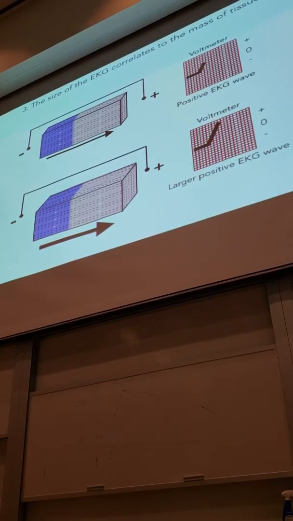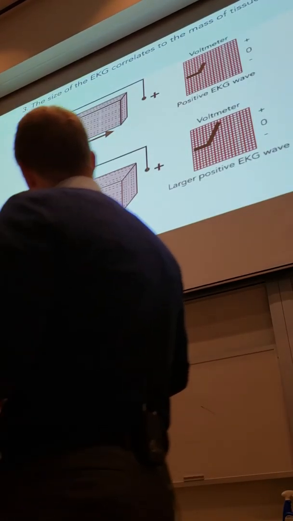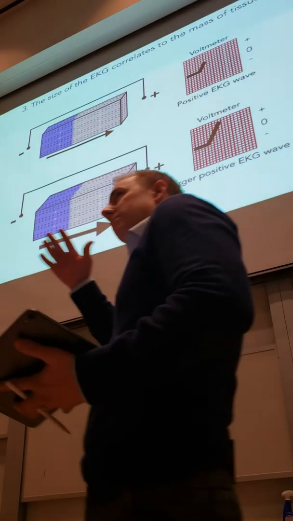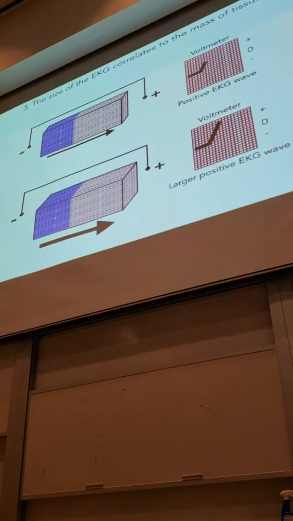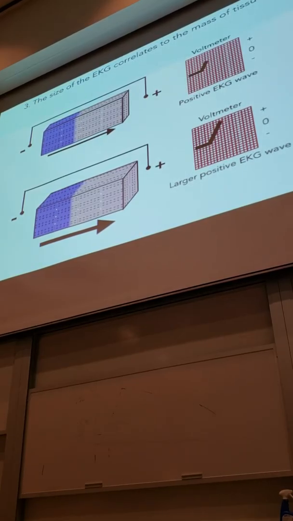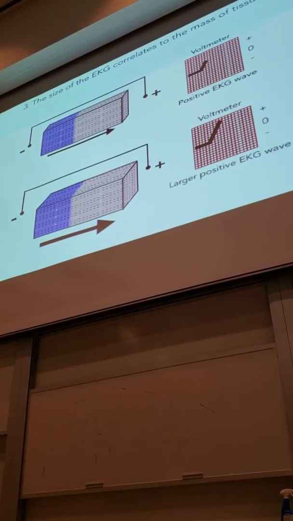Another thing, magnitude. We have at the top a mass of cells undergoing a depolarization. At the bottom, we've got a bigger mass of cells undergoing a depolarization. The magnitude of the individual cells' depolarizations is not any different, but in total we have more cells undergoing this change, so the overall effect is that we have a stronger wave of depolarization.